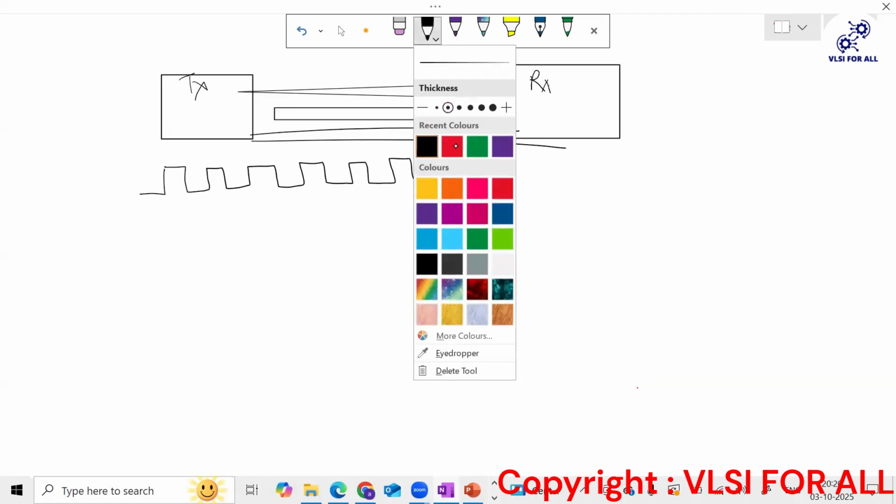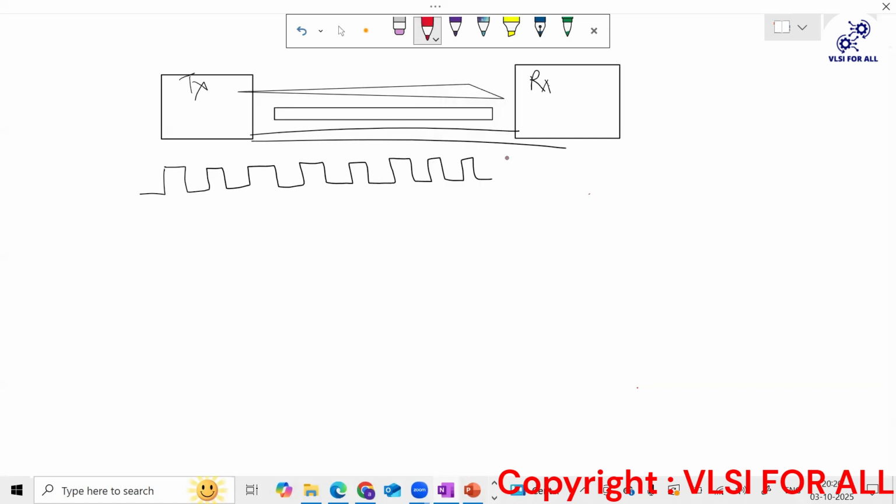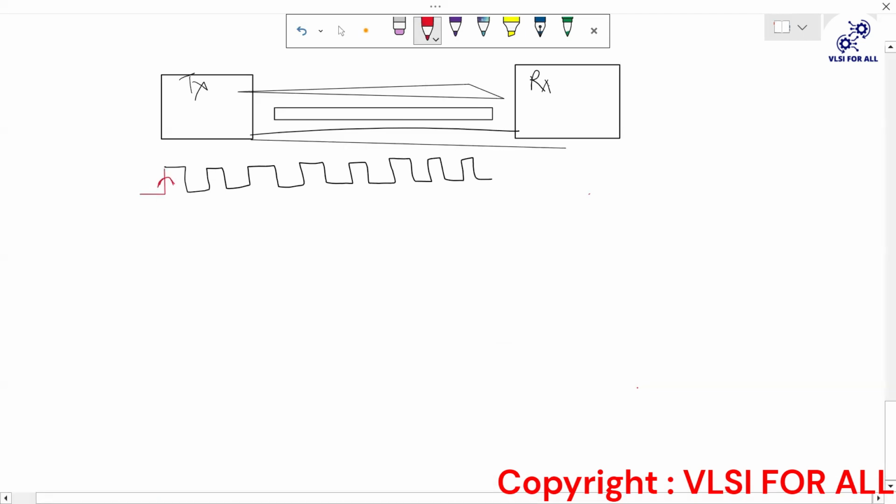Now try to understand: if at a single pulse you are transferring a single bit, and at the next pulse you are transferring a single bit, this is nothing but serial communication. क्योंकि serially bit by bit इसी का तो मतलब है ना serial.